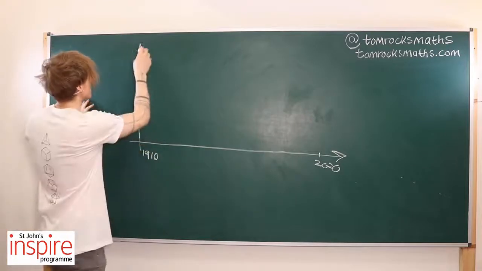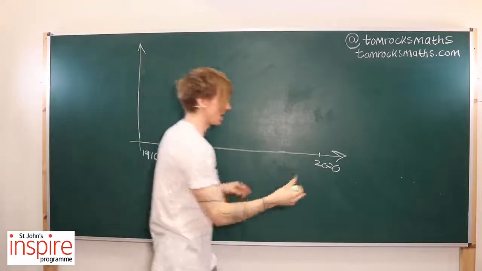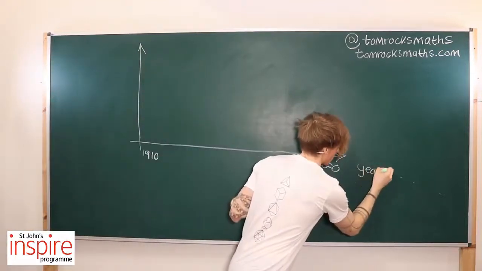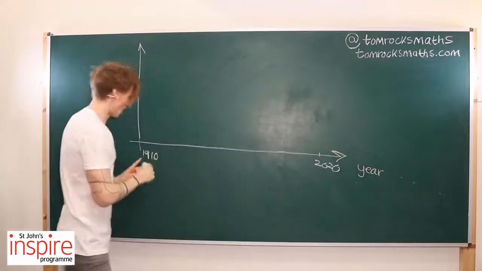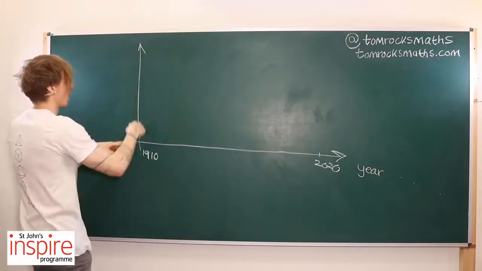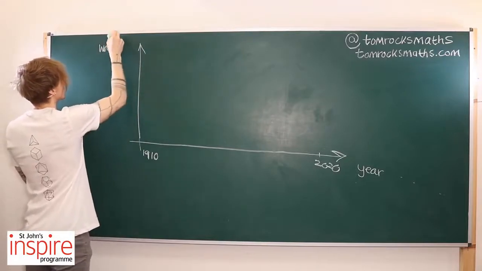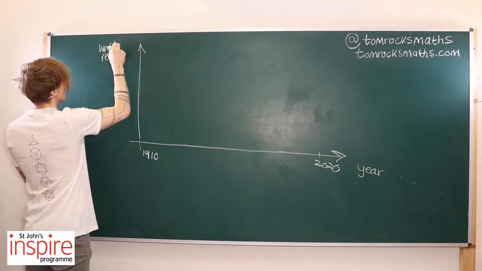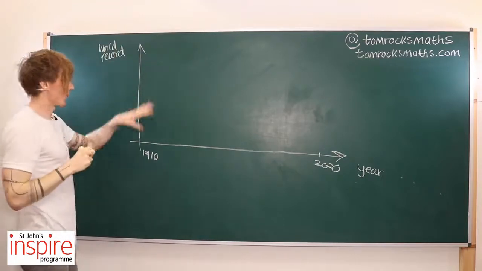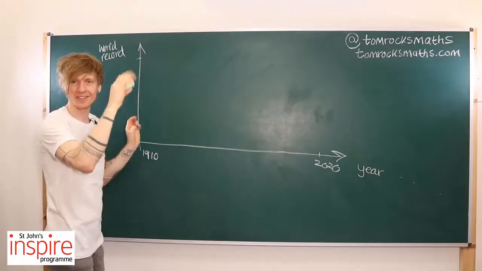Now, what we see on the x-axis, this is the year, and obviously we're starting at 1910 rather than 0. And on the y-axis, this is going to be the world record for a marathon. The world record back in 1910 was about 3 hours, as you'll see in the accurate data set.